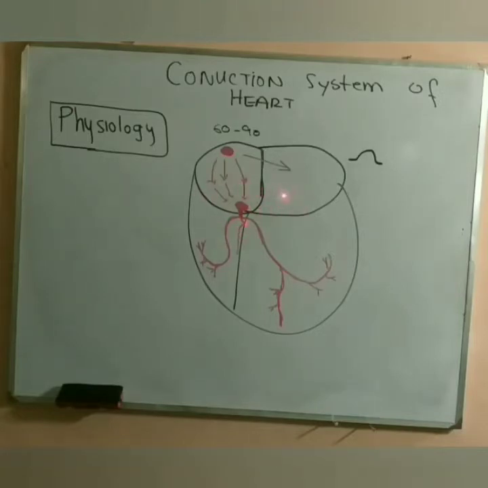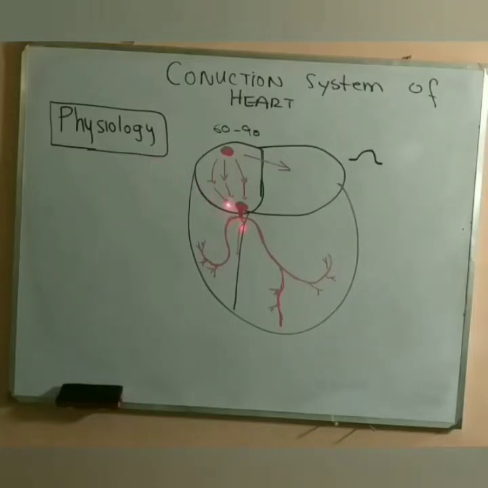Now from the atria, through the Bachman tract and internodal tracts, the anterior, middle and posterior, it enters the AV node, where its transmission is delayed for a brief period of time so that the atria and the ventricles can depolarize in a certain rhythm.